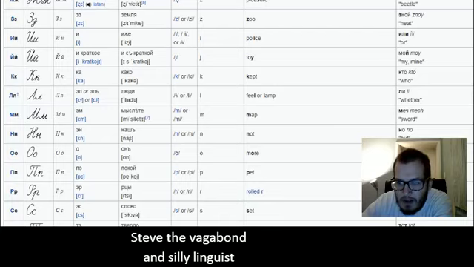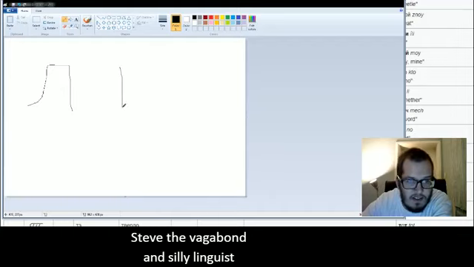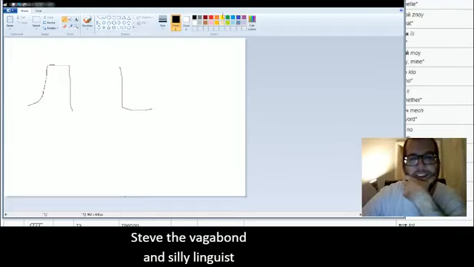paint. Okay, so I'm sure I'm not writing this how a Russian would write it, but okay, so that is the L in Russian. Yes, this is super high tech here.